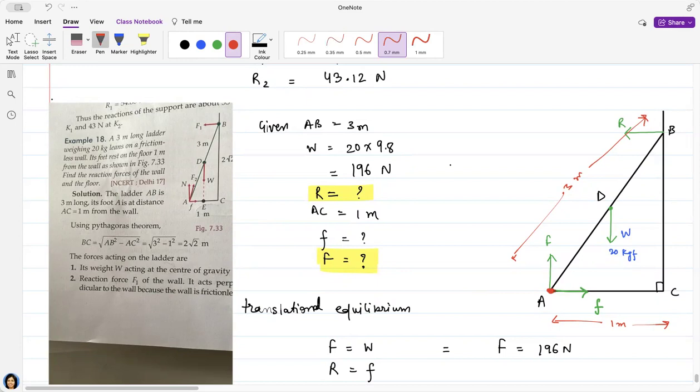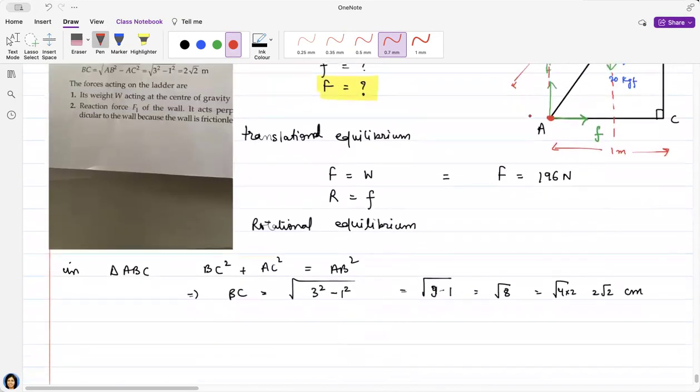So I just let it be there. Now I see there are two forces. One is W, which is trying to move it in the clockwise direction. I look at the perpendicular distance of R, which is trying to move it in the anti-clockwise direction.